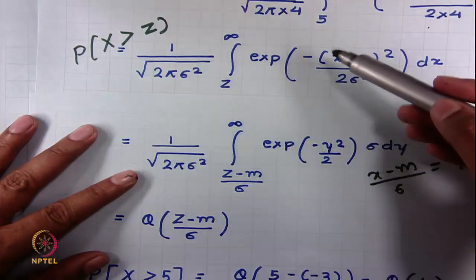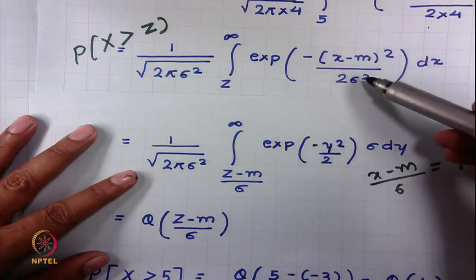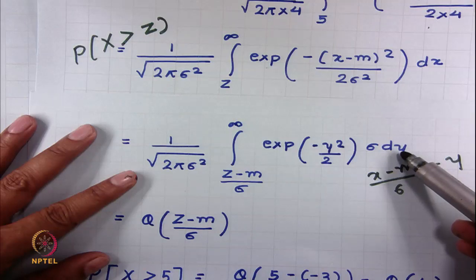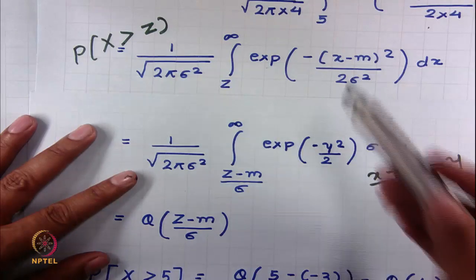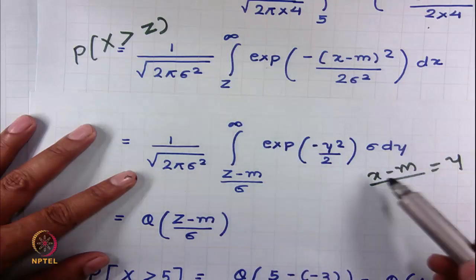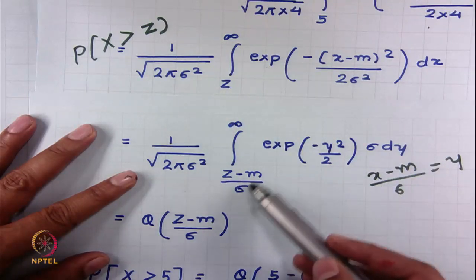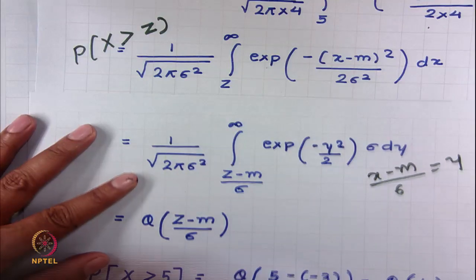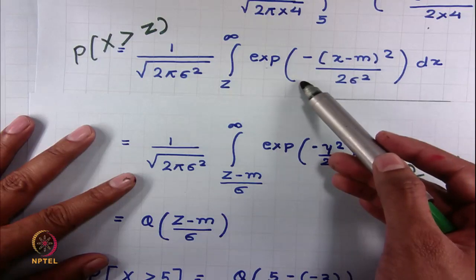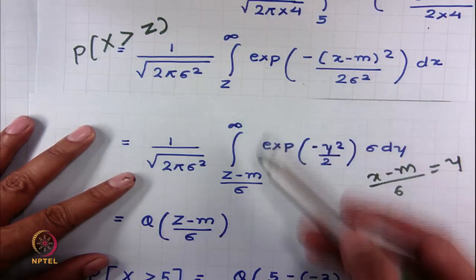So, x minus m square by sigma square is simply y square, dx is sigma dy, and x goes from z to infinity. So, y will go from z minus m by sigma to infinity. So, by just doing the change in variables, I can easily go from this integration to this integration.